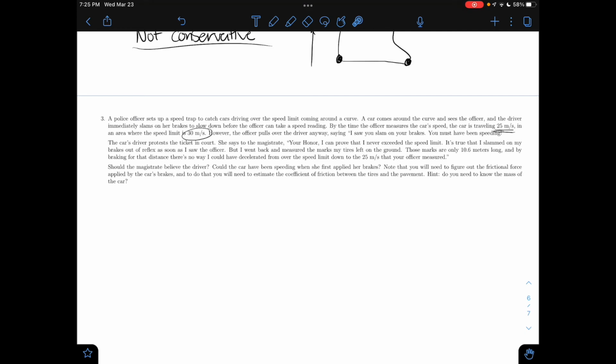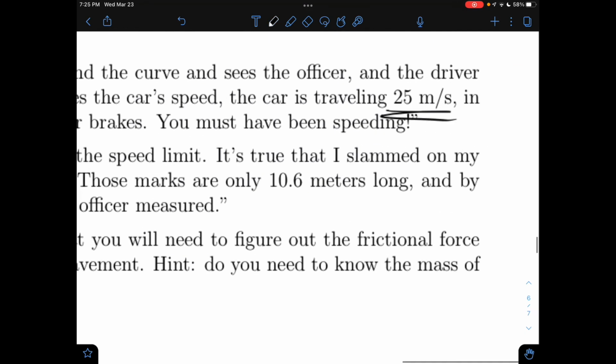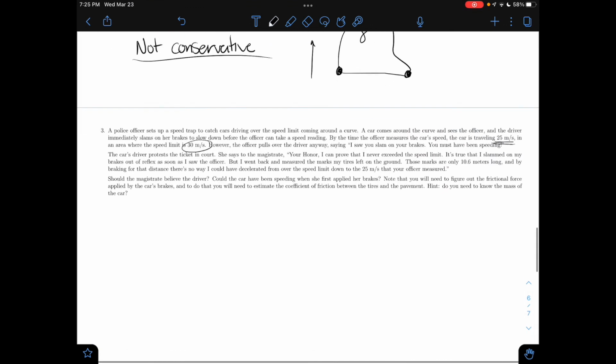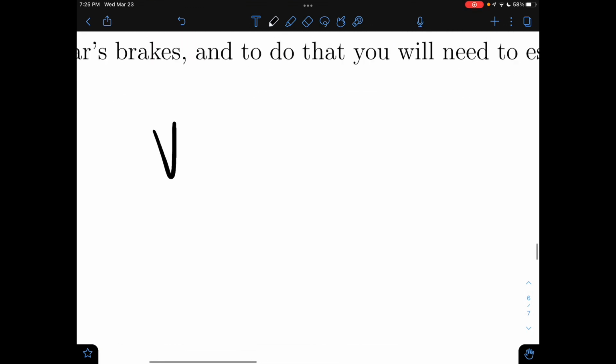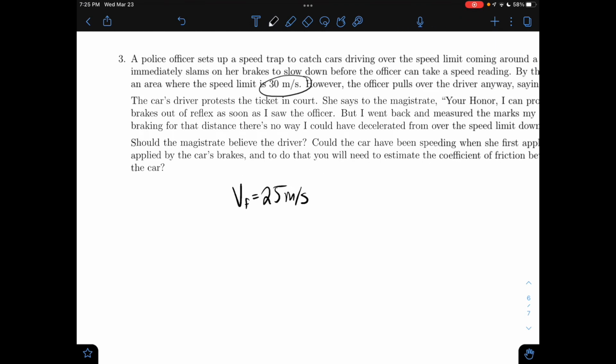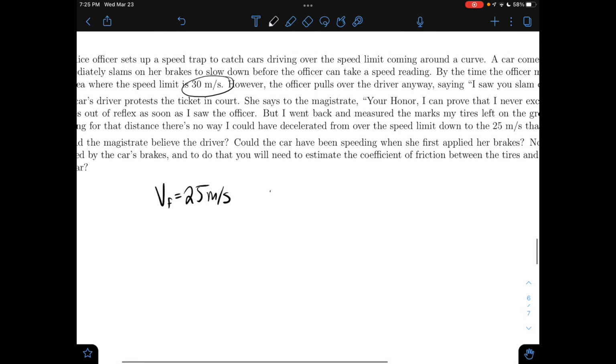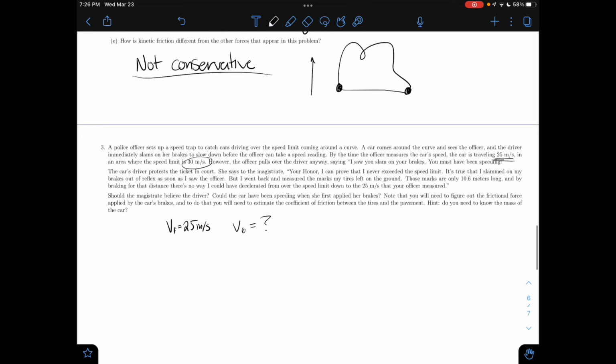Right? So we have our final velocity. So we know at the end, I'm going to just start marking this, our V final, 25 meters per second. We have our V initial is what we're solving for. I'm going to use V naught actually. V naught, that's what we're solving for. And now let's start thinking about when we have our 10.6 meters, that's going to be our displacement, our change in distance.